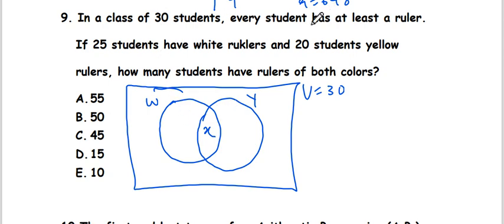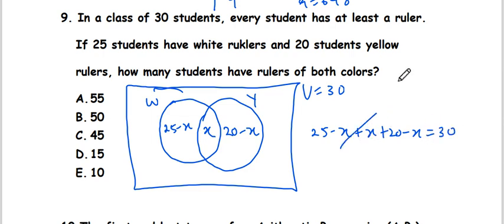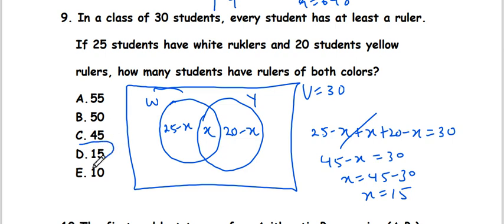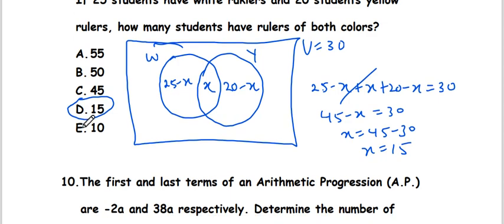So 25 have white rulers, so 25 minus X, and 20 have yellow rulers, so 20 minus X. We sum up all this, equate it to 30. 25 minus X plus X plus 20 minus X equals 30. Minus X cancels out plus X. So 25 plus 20, that's 45, minus X equals 30. So X equals 45 minus 30. X is equal to 15. So 15 students have rulers of both colors.